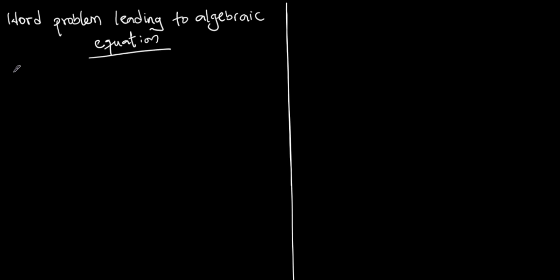Because 7 plus 5 will give me 12, right? So 7 is that number that when I add 5 to it, it will give me 12, right?